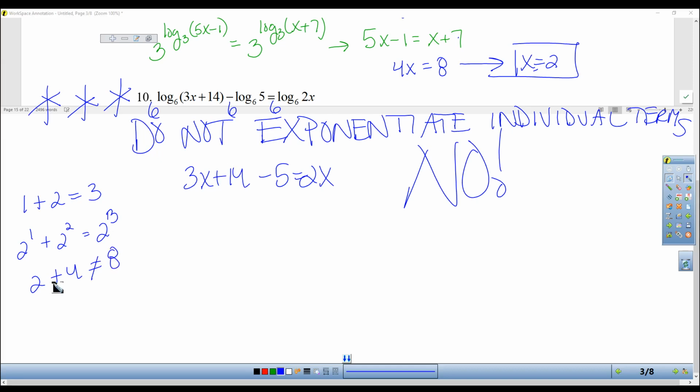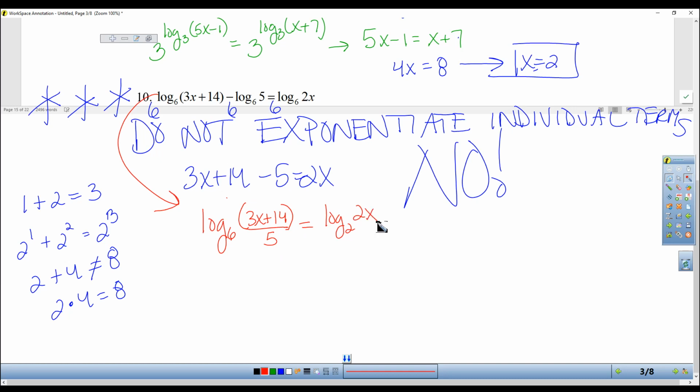Oh, but hold on. 2 times 4 is equal to 8. Why is that? That's because we can rewrite this. Last class, we learned how to condense. We can rewrite this as log base 6 of 3x plus 14 divided by 5, these are being subtracted. I can make it into a single logarithmic expression.